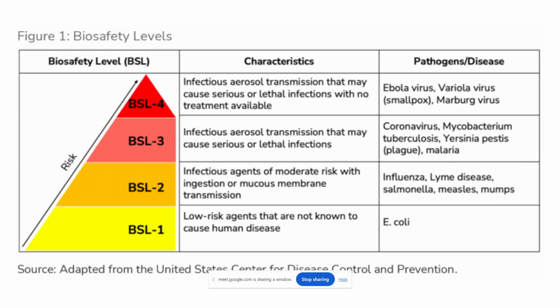So influenza, Lyme disease, salmonella, measles: things that cannot pass through aerosol. I hope you understand what aerosol means. If I am infected and I cough, and the cough droplets are transferred through the air to another human being, that means it is transmitting through aerosol.